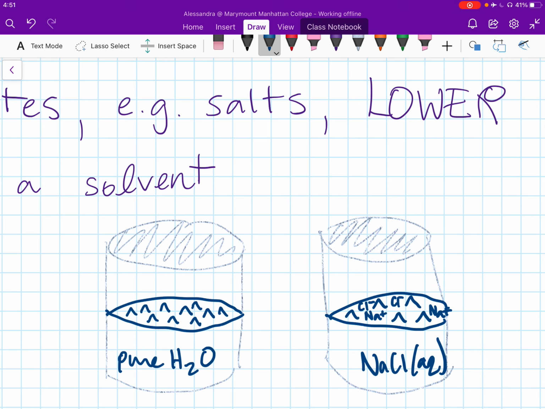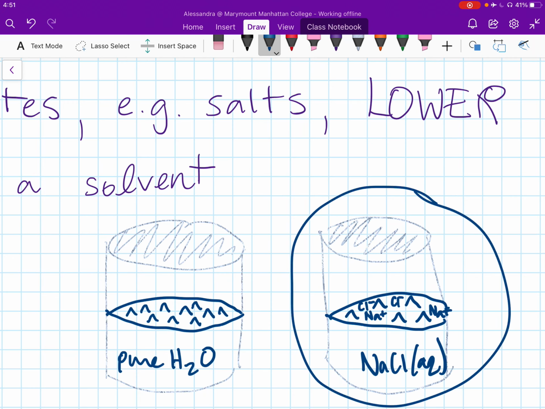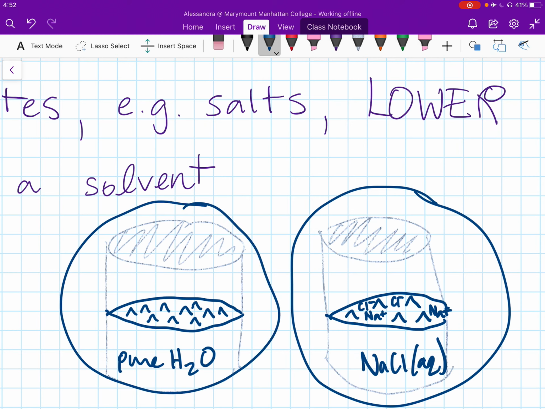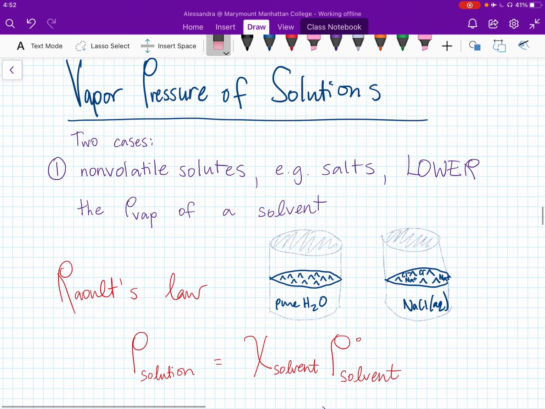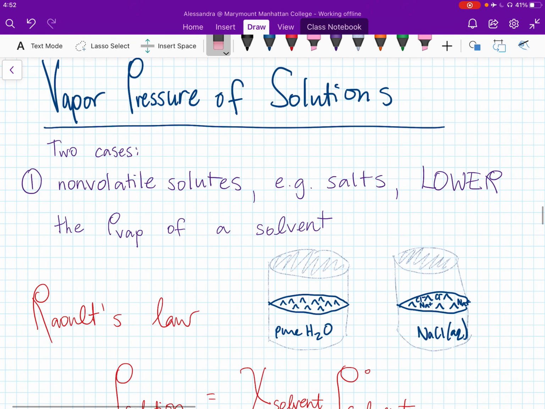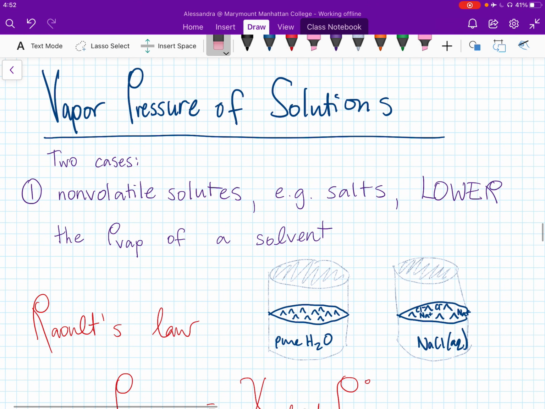So I have a smaller proportion of molecules on the surface that are subject to escape into the vapor phase. And what that means is that I'm going to have lower vapor pressure above the salt water than I have above the pure water. So this is just a way of showing why a non-volatile solute like sodium chloride lowers the vapor pressure of a solvent compared with the pure solvent.